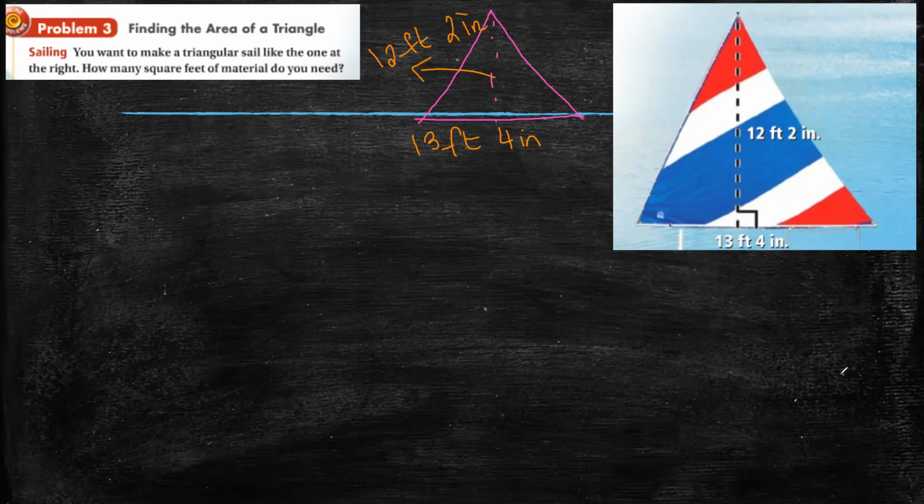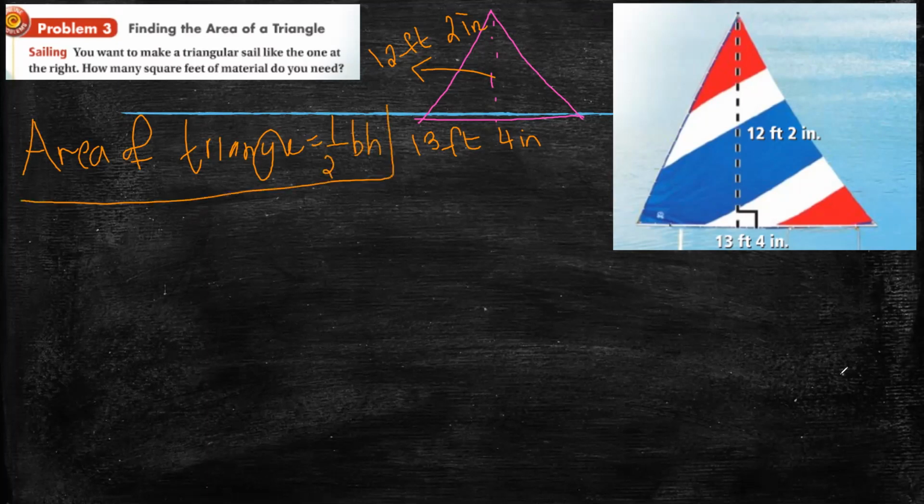Now, I want to find the area of the triangle. So the area of the triangle is half the base times the height. This is the area of the triangle as we know before. Now where's the base?